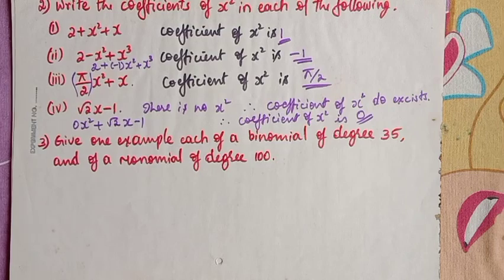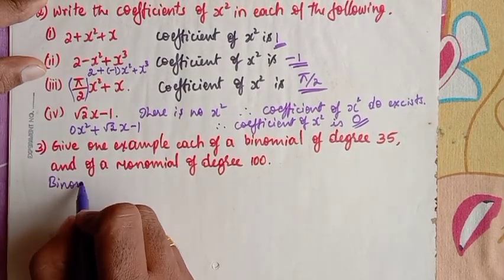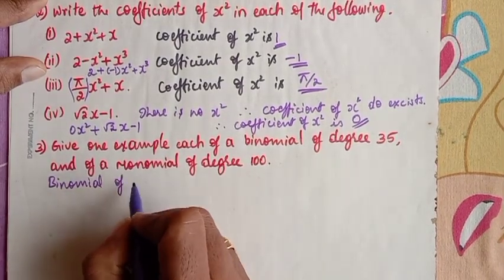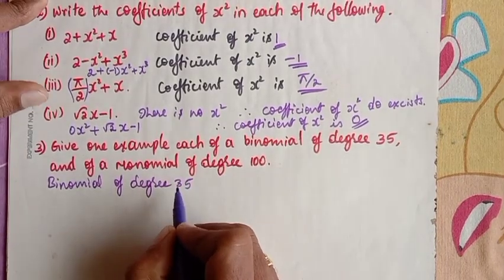Give one example each of a binomial of degree 35 and of a monomial of degree 100. Firstly, we will give the example of a binomial of degree 35.